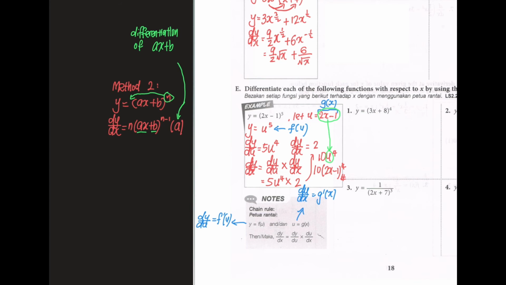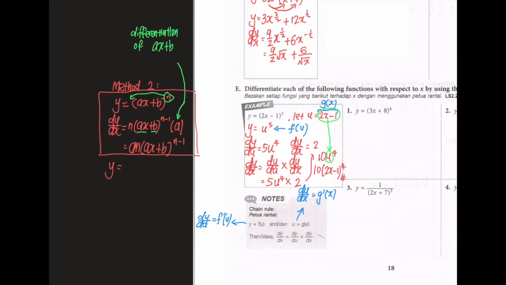So this is the formula, and at the end, the a you can multiply with the n, so you get n times a times ax plus b to the power of n minus 1. So this is the formula method, and you will find these formula methods very fast in getting the answer.